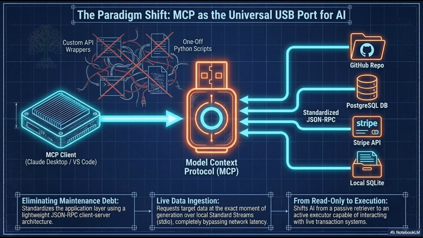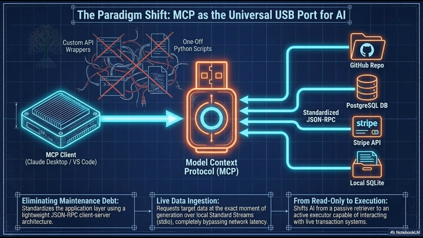Well, at its core, MCP is an open application layer standard. And to really understand its footprint, you have to look at the massive maintenance debt that developers are dealing with right now. Oh, the endless API wrappers. Exactly. Historically, if you wanted your LLM to talk to, say, GitHub, maybe Stripe, and a local PostgreSQL instance, you had to write custom code for every single integration. Right. And maintain it forever.